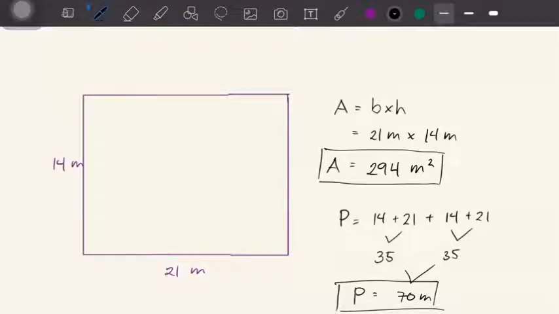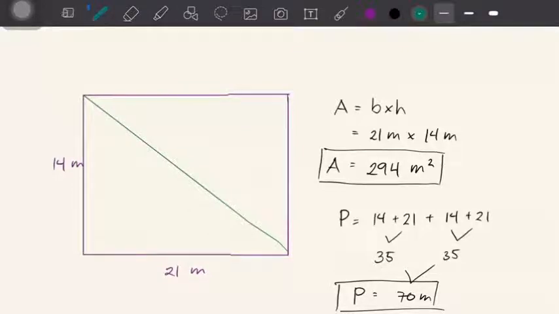Now, what if, say for example, we cut this figure into two? And what I mean by that is we slice it like from that side to this side. Okay? So that's now a combination of two figures.